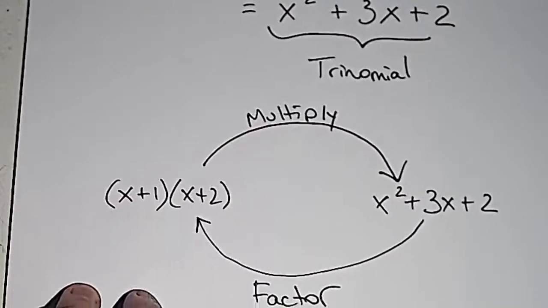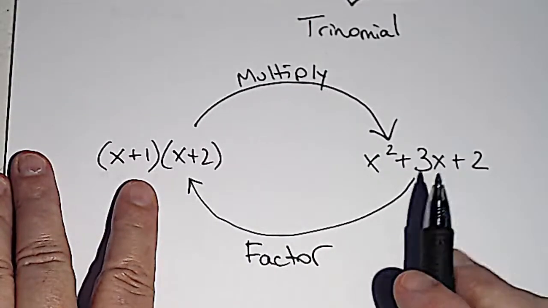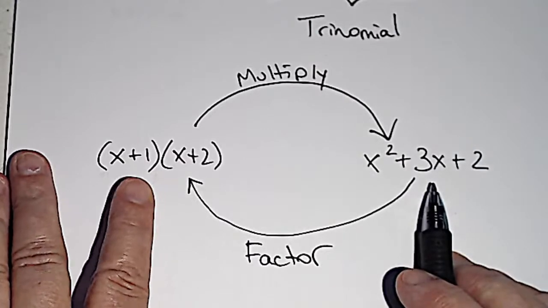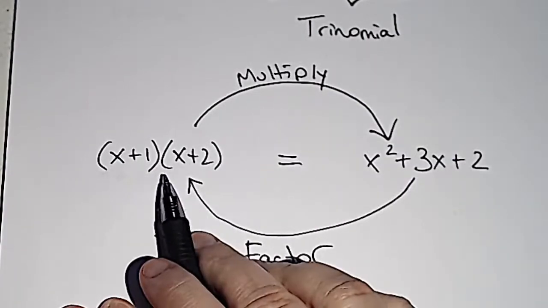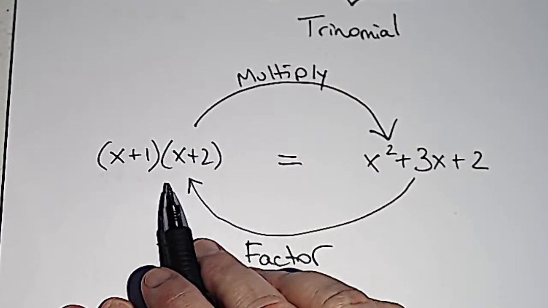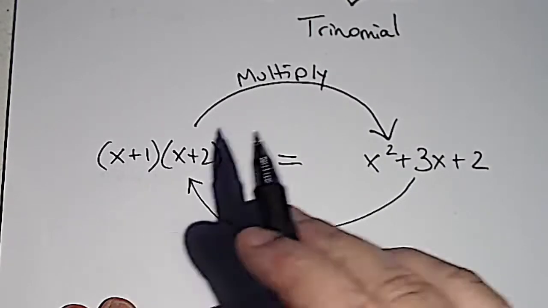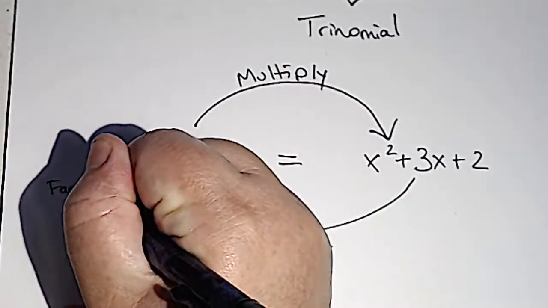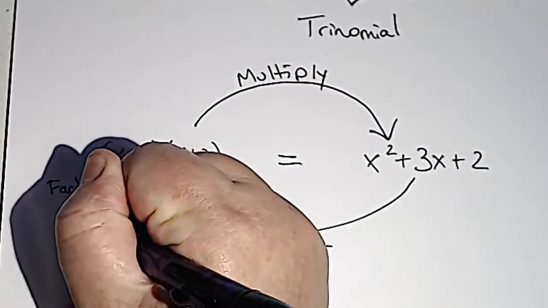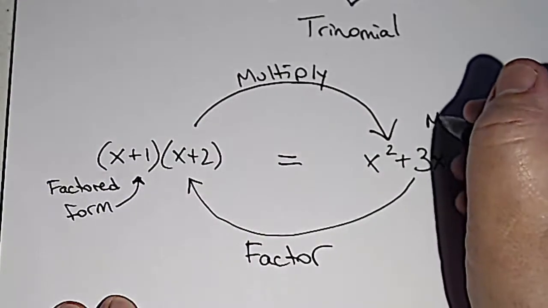So these are two different forms. This is the factored form, and this is the trinomial form. They are equivalent: x plus 1, the quantity, times x plus 2 equals x squared plus 3x plus 2. It's just that this is the factored form and this is the multiplied out form.